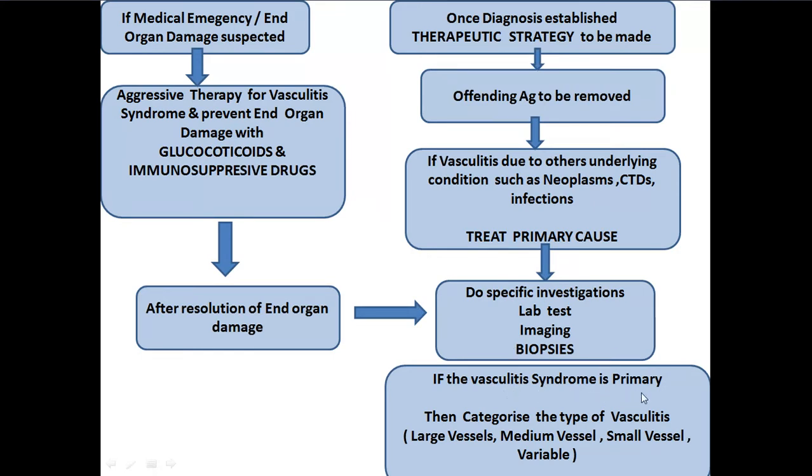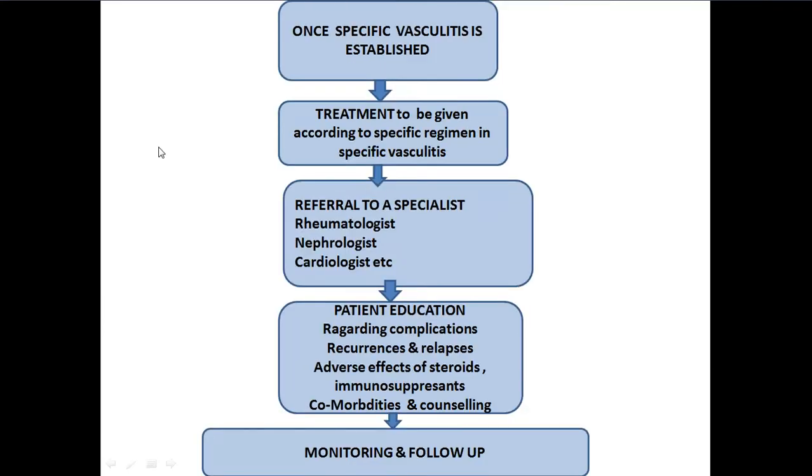And if the vasculitis syndrome is primary, then categorize and treat it. Once the specific vasculitis is established, treatment should be given depending upon which vasculitis disorder it is. We will discuss each vasculitis disorder individually in the coming slides, and then monitoring and follow-up should be done.